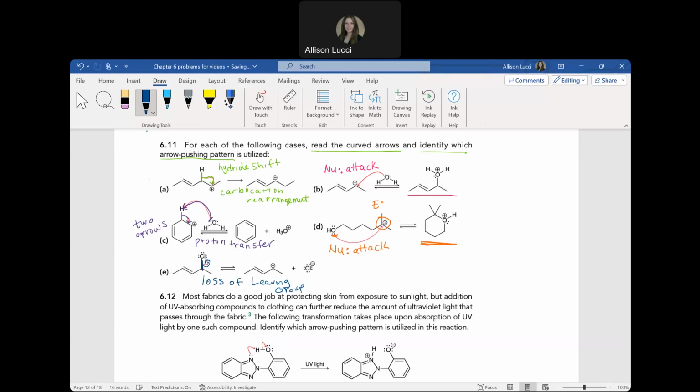So our leaving group is the chloride ion here, and then what we have left is this cationic site, this carbocation in place. All right, so that is example 6.11, and we'll continue with the next problem, 6.12, next time.